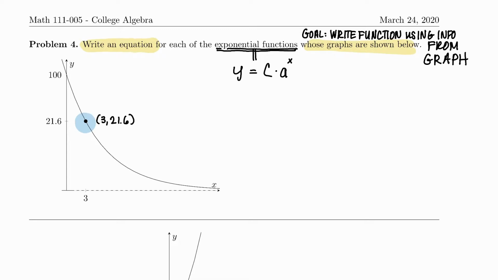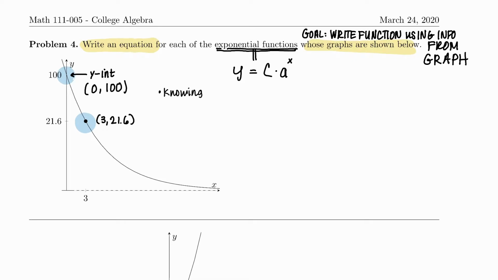But we're also given another point, and that's just the y-intercept. So this is 0, 100. And knowing the y-intercept here makes our lives really easy. So let's write that down.